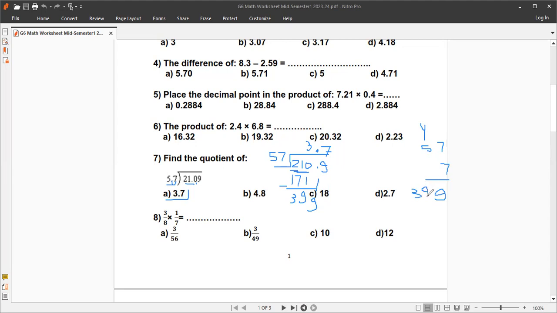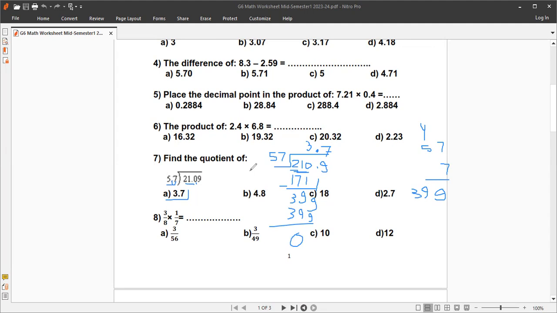Exactly, guys. So here 7 multiplied 57 equals 399. Then we subtract. We get 0. So the answer is 3.7.